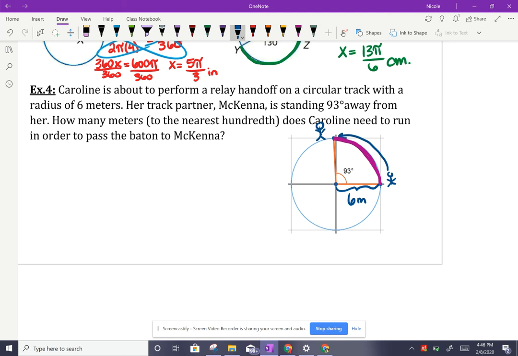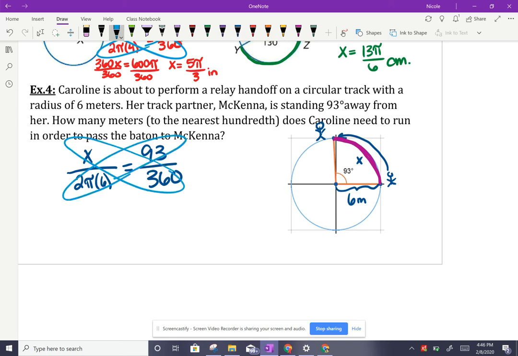So we take what we're looking for, x, over the circumference, 2 pi, and then our radius is 6, equals 93 degrees over the whole circle. Cross multiply.